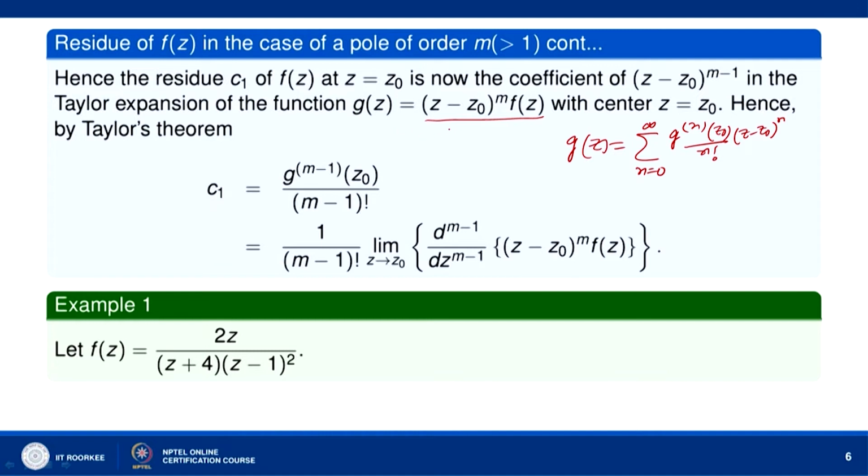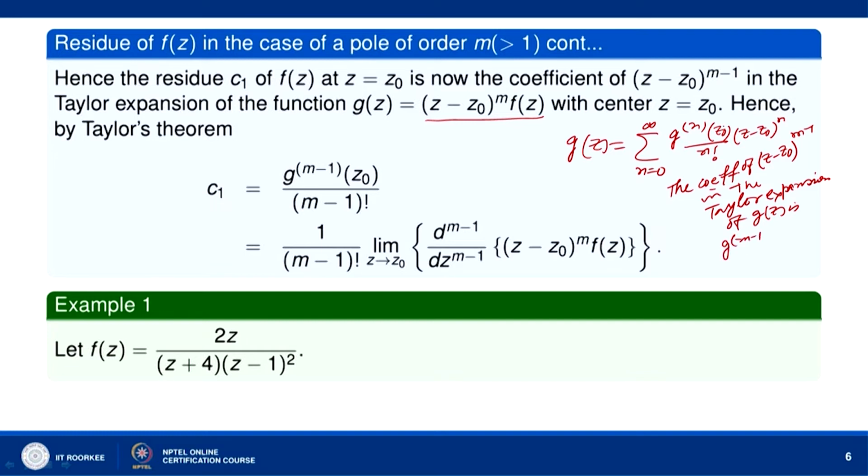So, if we want the coefficient of (z minus z naught) to the power m minus 1 in the Taylor expansion of g(z), then the coefficient is g^(m minus 1)(z naught) divided by (m minus 1) factorial.